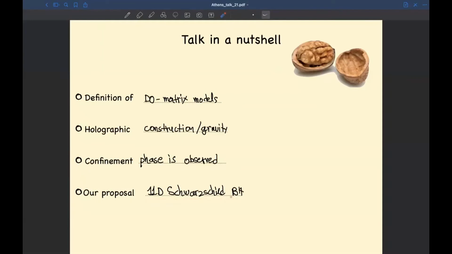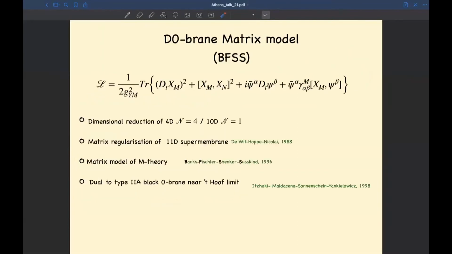So this being said, let's start with the definition of the model. This model appeared in many different places, and it is nowadays better known by the name BFSS, from the work done by Banks, Fischler, Shenker, and Susskind in 1996.